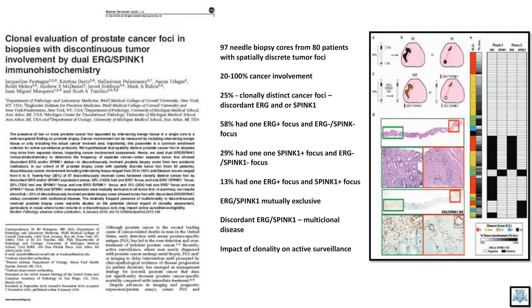Out of the 97 needle biopsy cohorts from 80 patients, with 20 to 100% cancer involvement, we found about 25% of the cases had clonally distinct cancer foci, and they are discordant for ERG and/or SPINK1. So we don't have to look only at whole-mount prostatectomy samples; even in needle biopsy we can demonstrate this type of heterogeneity.